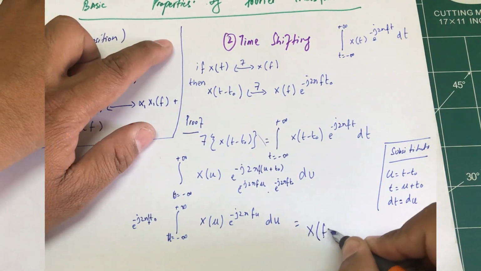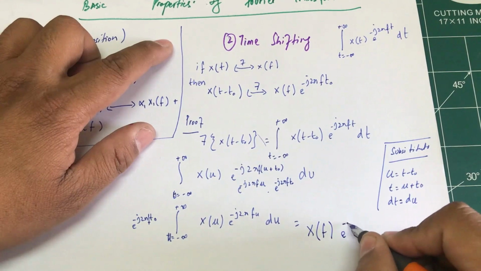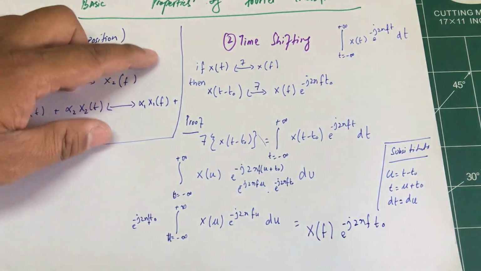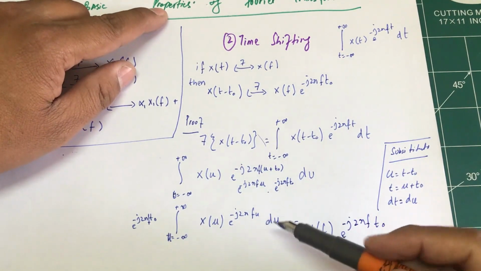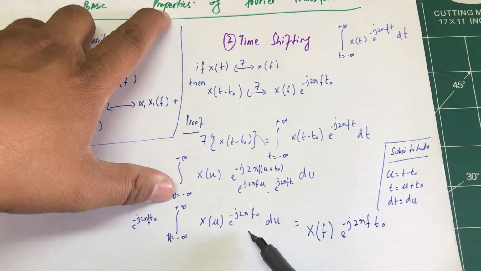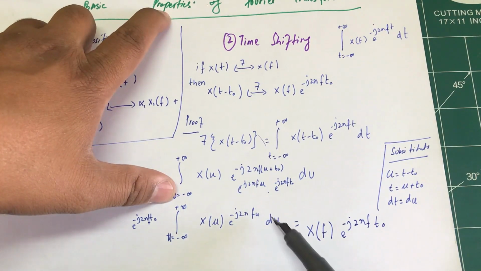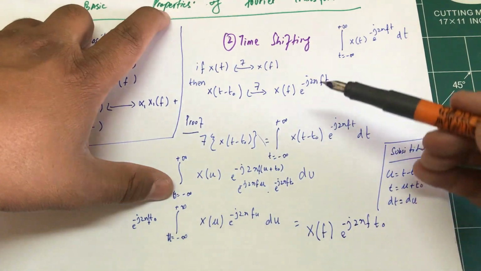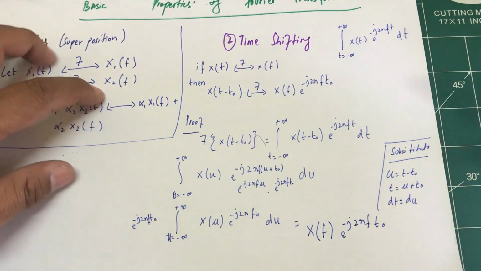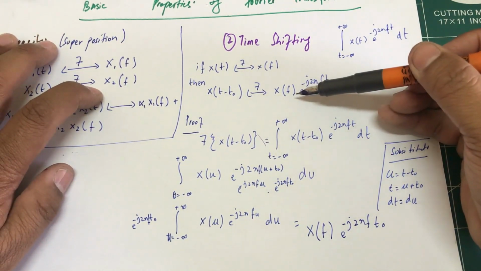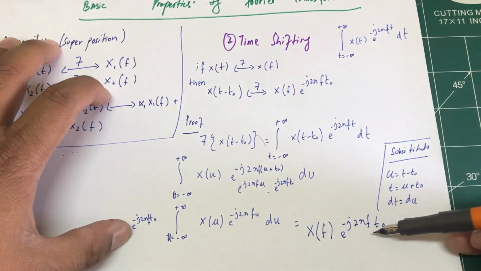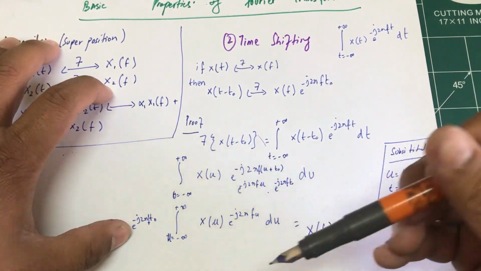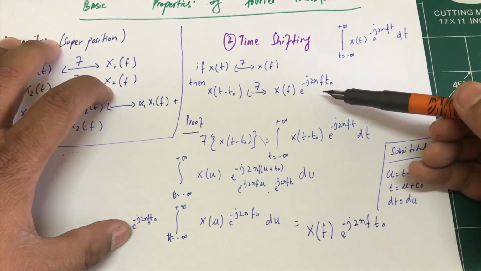This is just e to the negative j 2 pi f t naught times the Fourier transform, which is x of f. So the result is x of f times that kernel e to the negative j 2 pi f t naught.